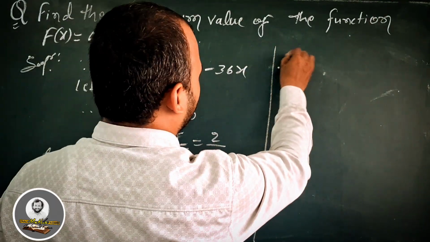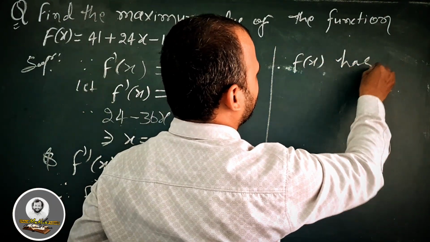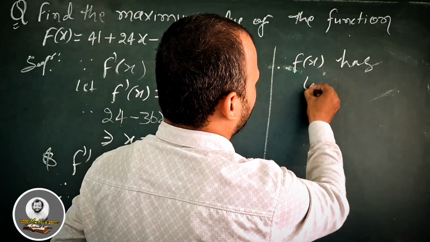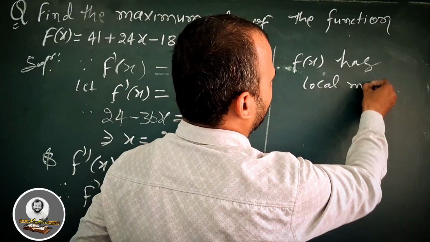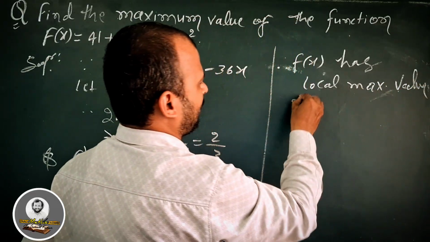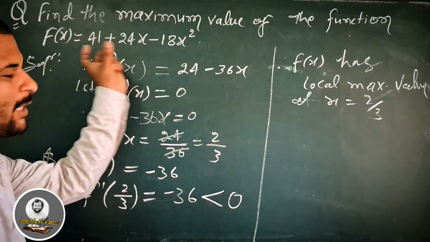Therefore f(x) has a local maximum value at x equals 2 by 3, and we have to find the maximum value.